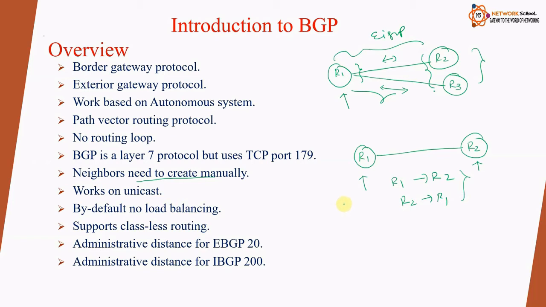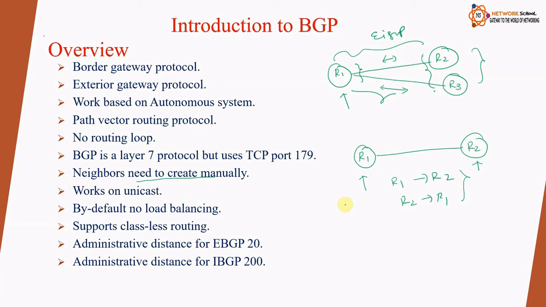But in IGP, like in OSPF or RIP or EIGRP, we just need to go to the router and specify the interface, and if the other end's subnet falls under the interface we have advertised, it will automatically become a neighborship.